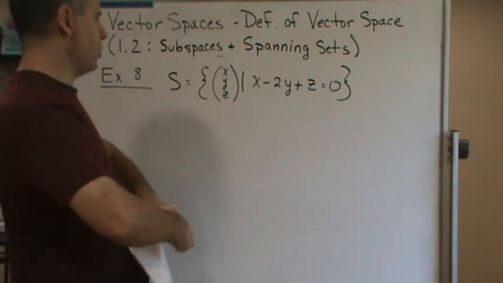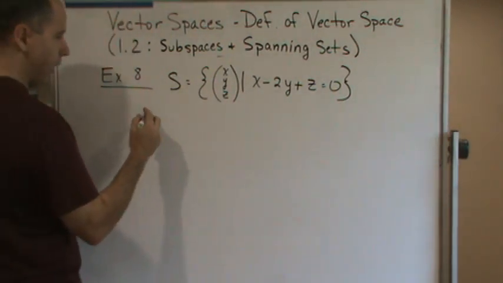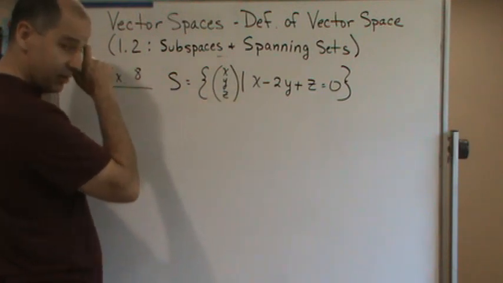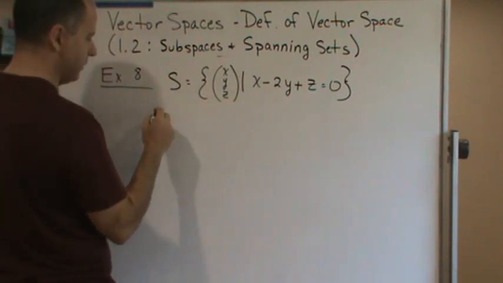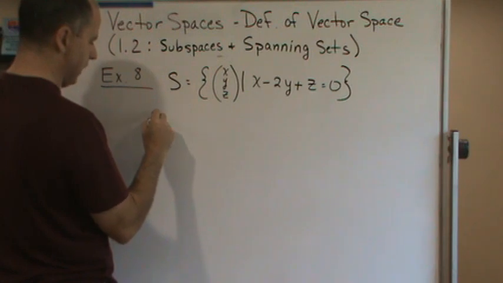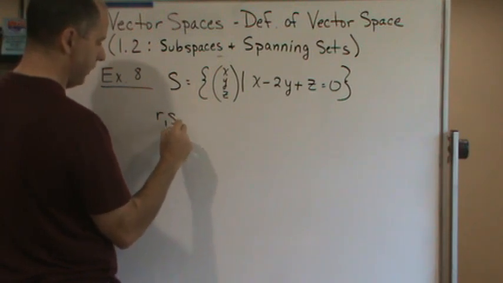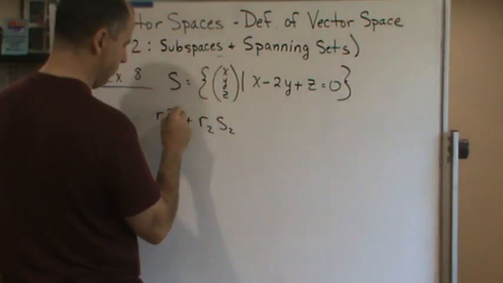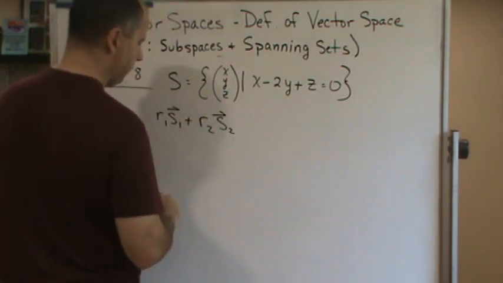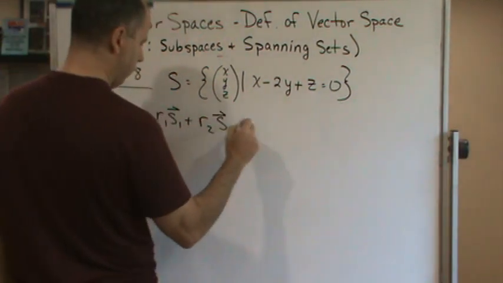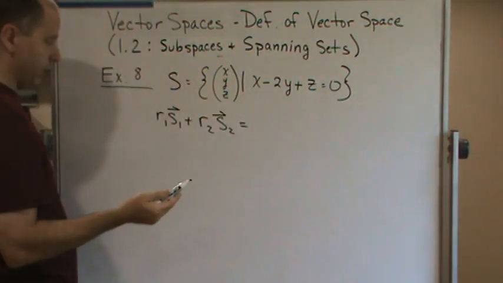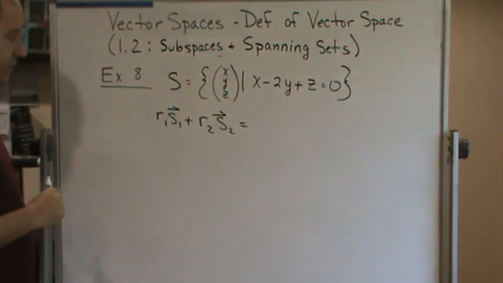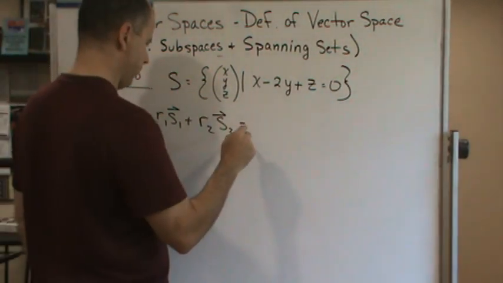And then all you have to do is show that any linear combination of a pair of vectors in S is in S. So if you take R1 S1 plus R2 S2, where R1 and R2 are real numbers and S1 and S2 are elements of S, we'll do this.